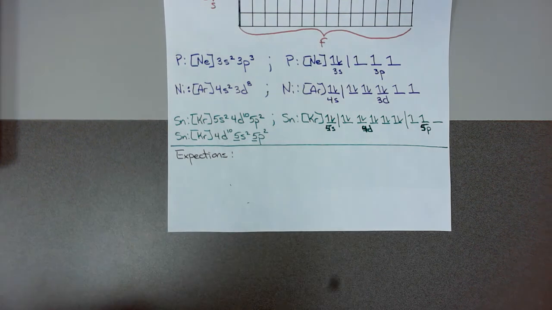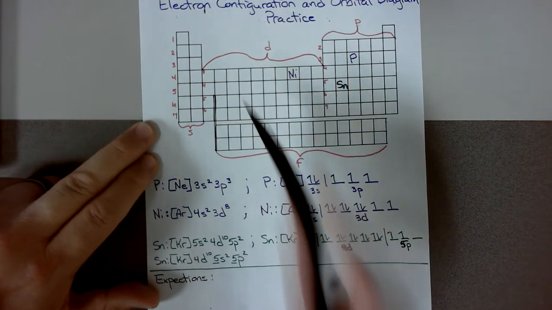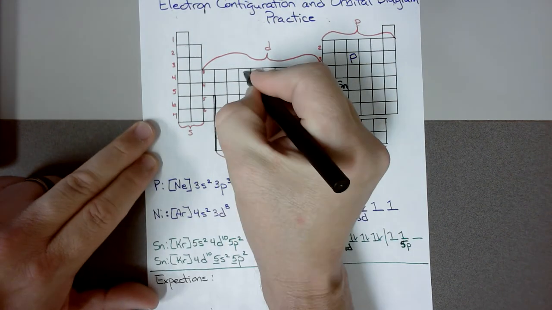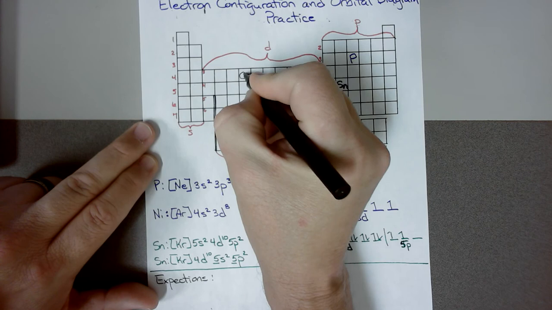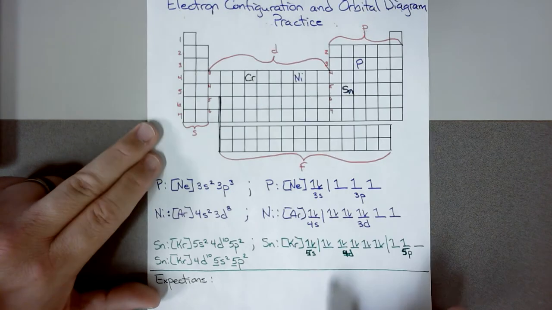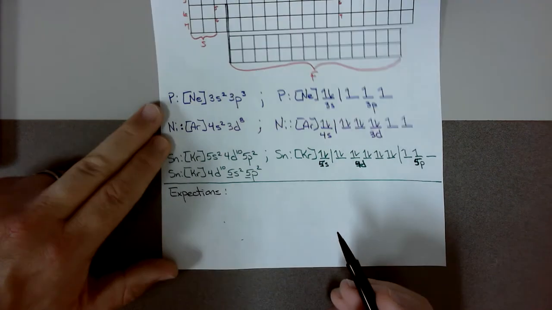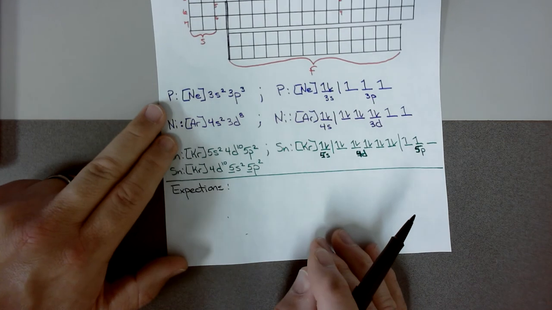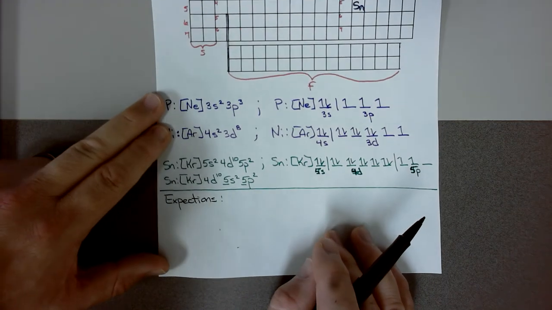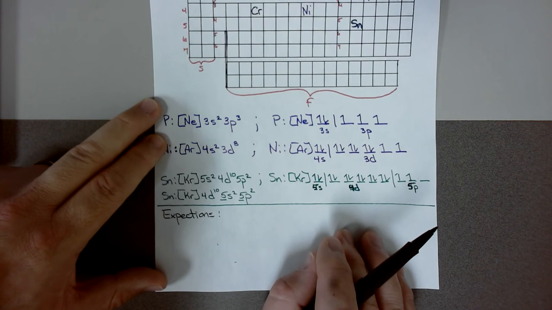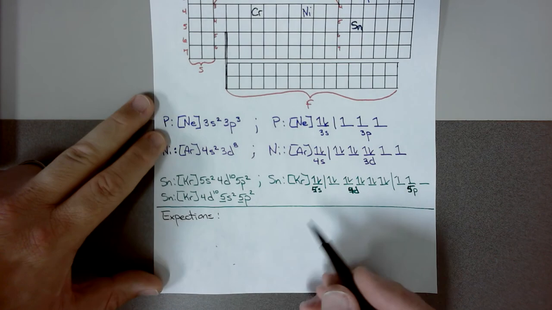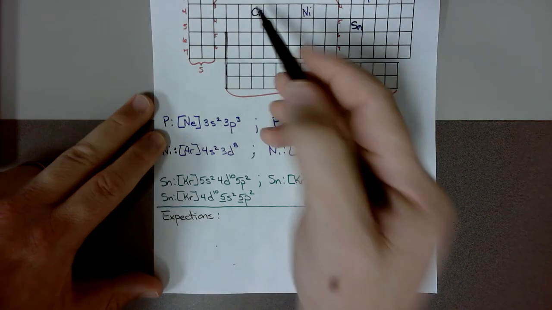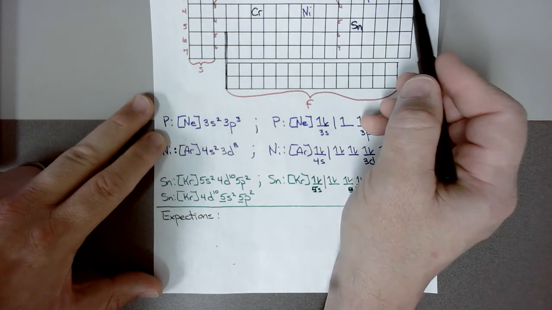And the first one we're going to look at is chromium. And chromium is found right here. And so if we do the electron configuration, or let's do the orbital diagram, it'll help us understand why the exception occurs. So we're going to do the orbital diagram first. So if I look at chromium and I go up and I go over, that's argon.